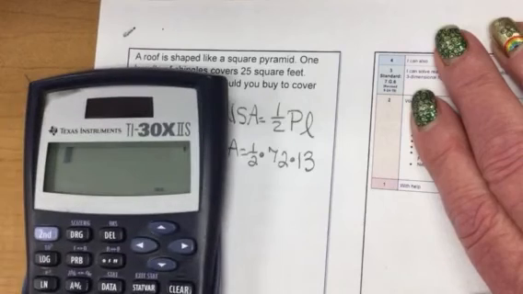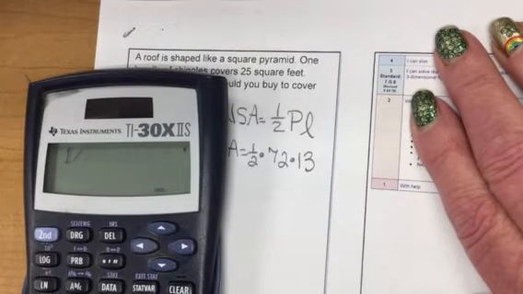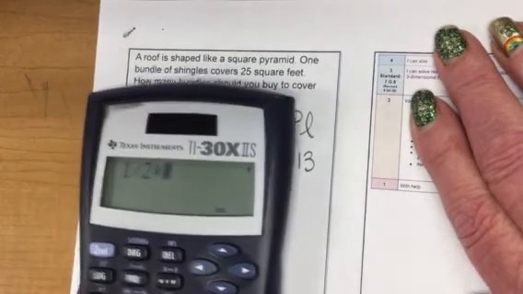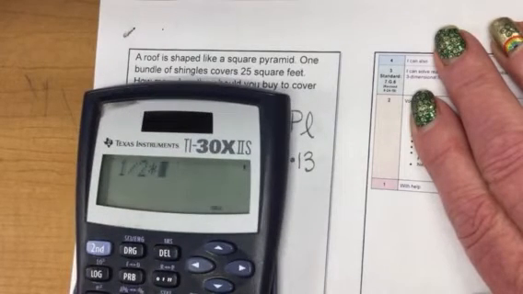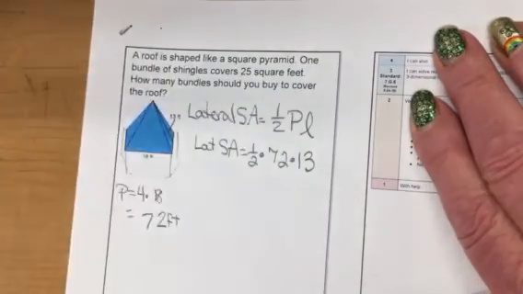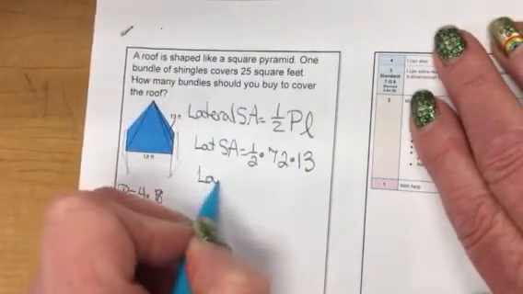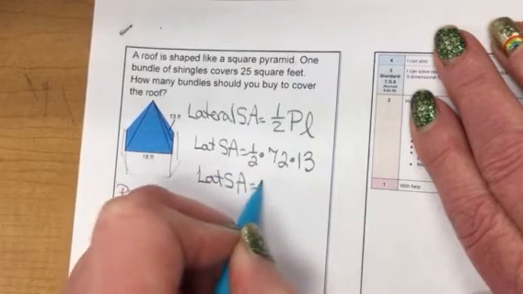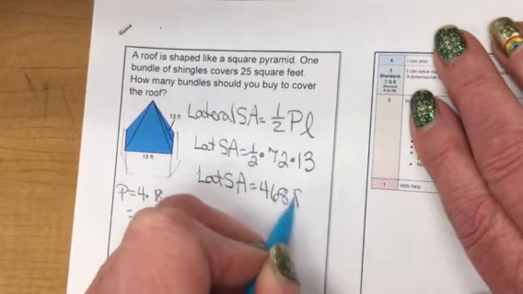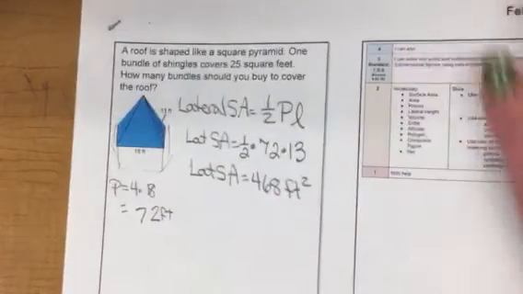Yay for calculators. 1/2 times 72 times 13. 468. So my lateral surface area is 468 square feet.